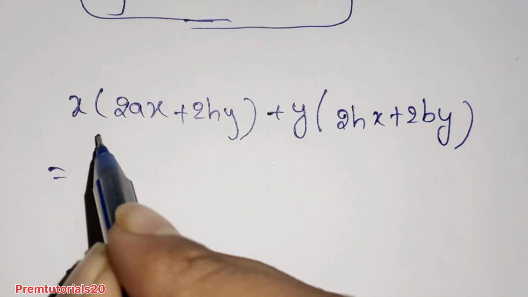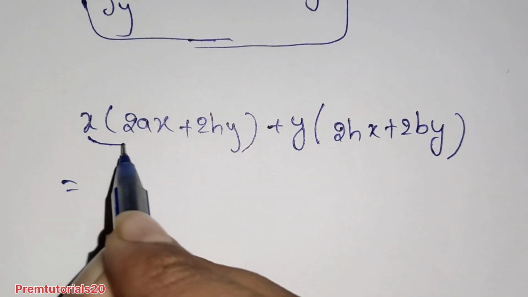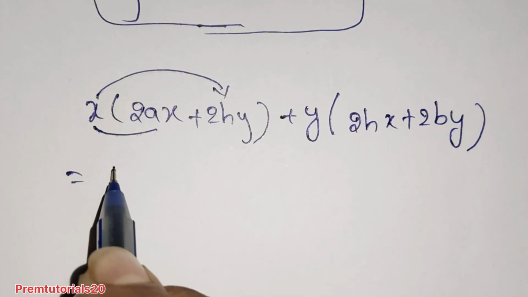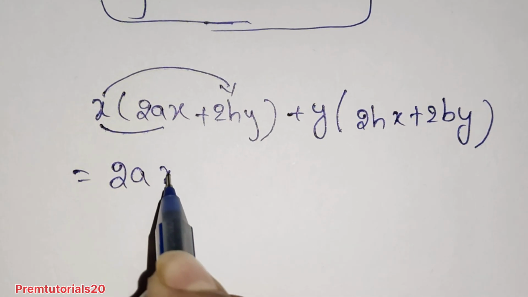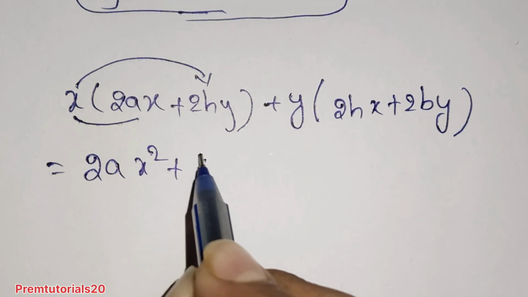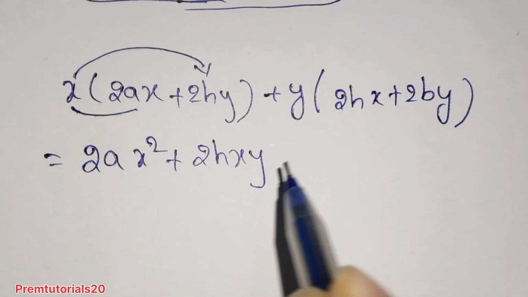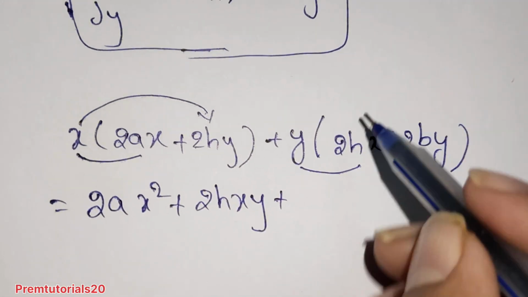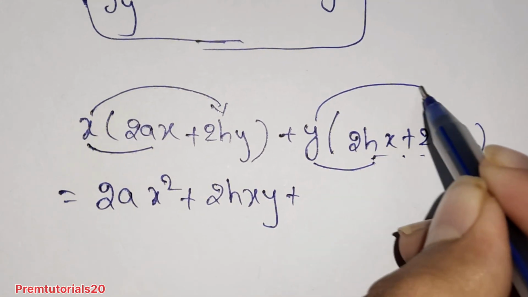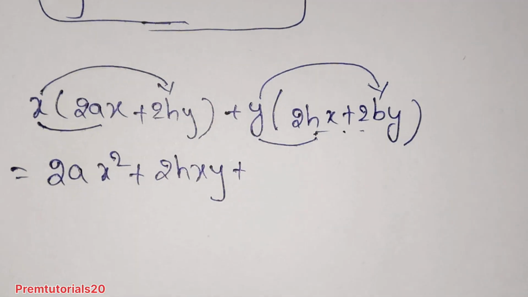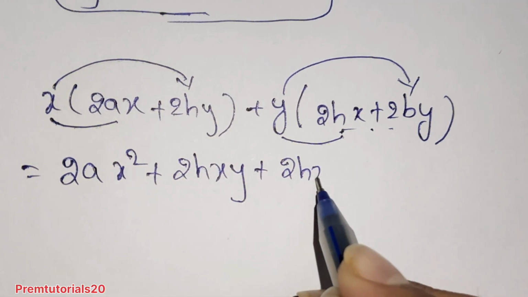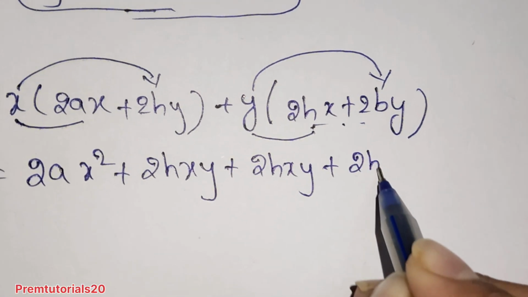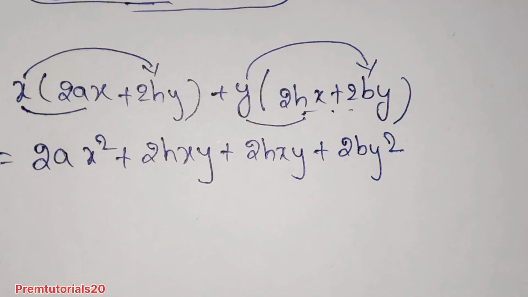Okay, now it's time for multiplication with x. What we get here: 2ax square plus 2hxy, plus multiplying these two terms with respect to y, we get 2hxy plus 2by square.